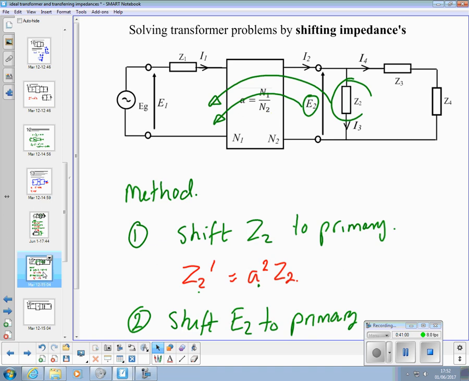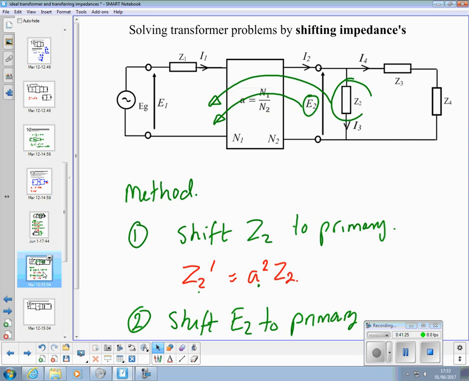Hang on, let's have a look here. Eventually, we end up with I1 is 3.7 amps. Transferred back, that's 18.5 amps on the secondary. Is that what you got?